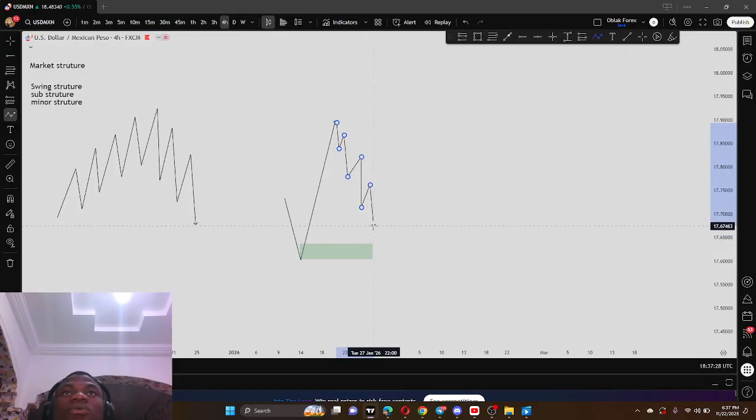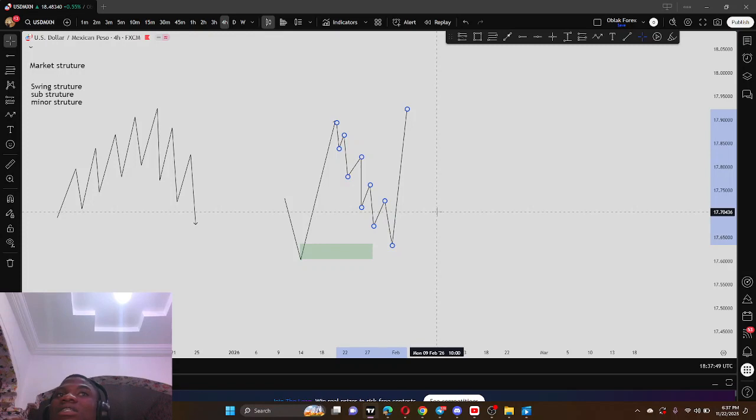This is your discount zone where you're waiting to buy again from. This movement coming down into your POI is what we call substructure. And when it taps you in and pushes to the upside, your target is the high because the market is buying. So you are expecting lows to be respected and highs to be taken out. Just like that, you get your trade.